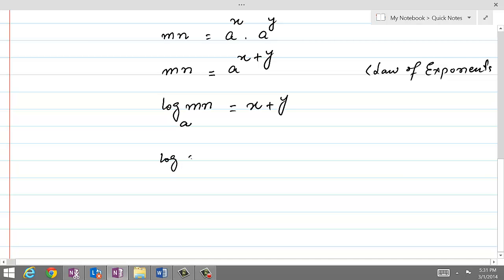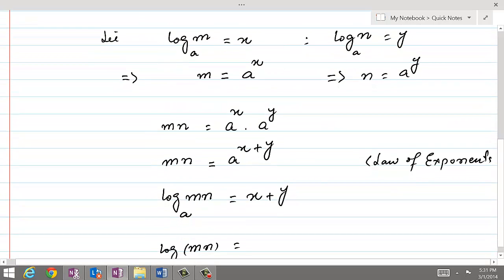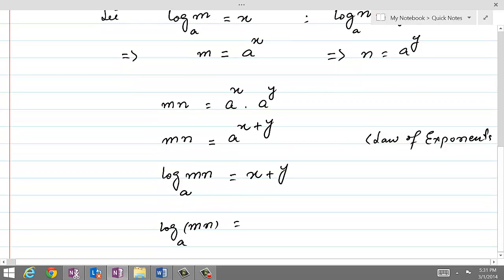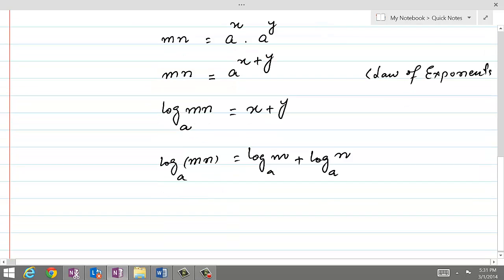Log of m n with base a is equal to, what is x equal to? x is equal to log of m base a, plus y is log of n base a. This is the proof of the first law of logarithms.